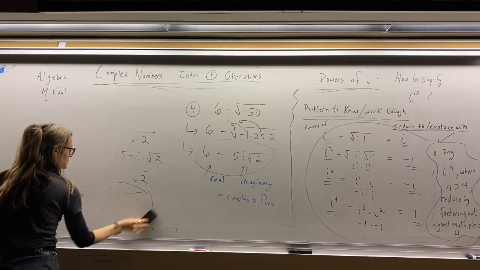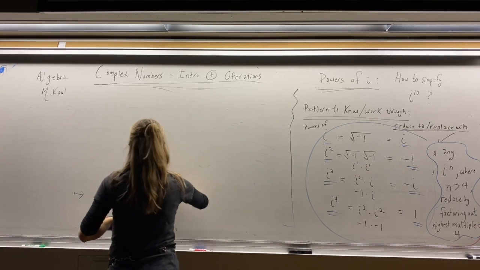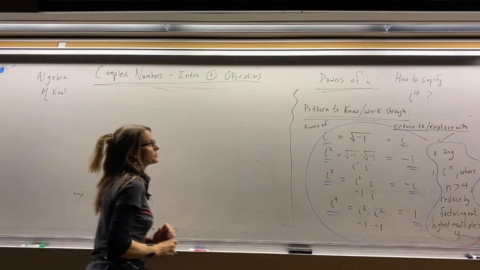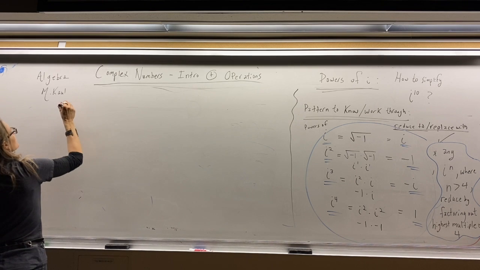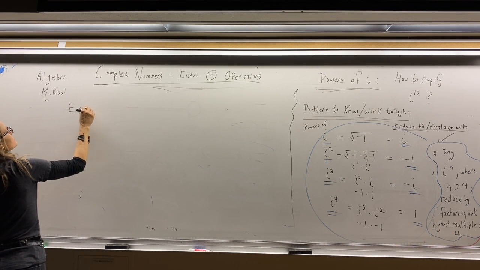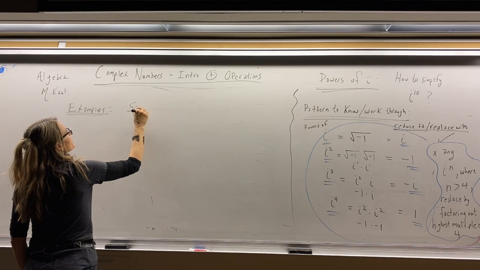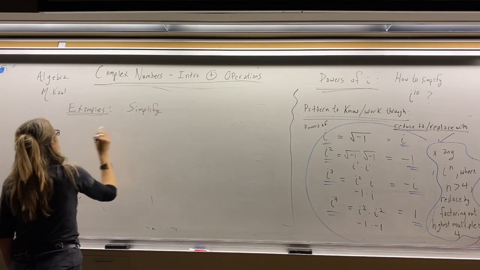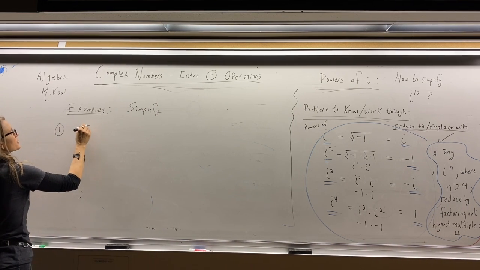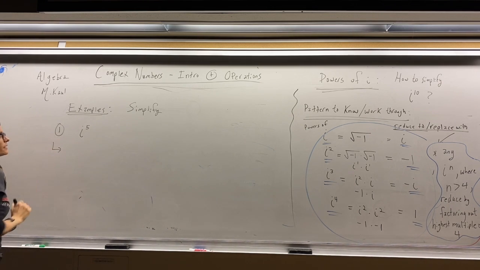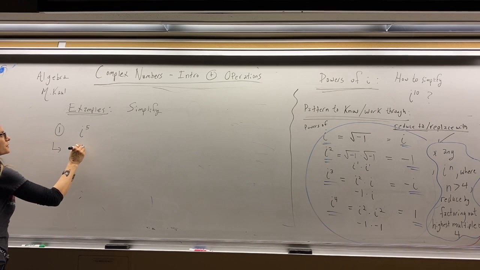number 5. Let's go ahead and simplify i to the 5th power. So if we continue with our examples here, and it says, simplify. Number 1, we have, what do you do with i to the 5th power? Well, we'll say the highest multiple of 4 in i to the 5th power is just i to the 4th.